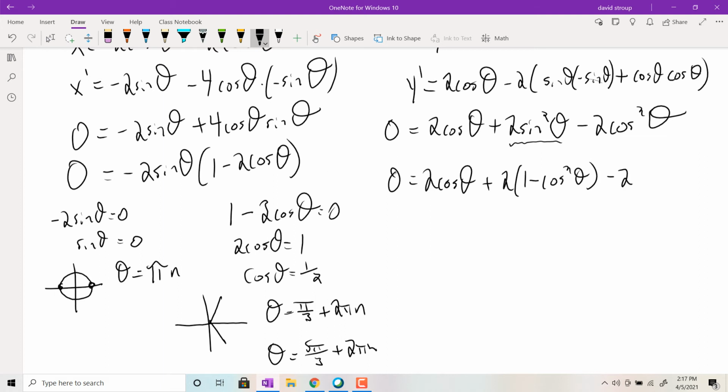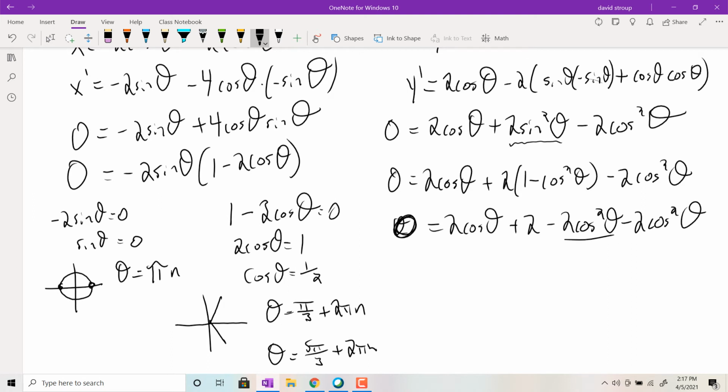Minus 2 cosine squared theta. Distribute that 2. I get 0 is 2 cosine theta plus 2 minus 2 cosine squared theta minus 2 cosine squared theta. I can put those together and move it to the other side. So you'd have 4 cosine squared theta, move this to the other side, minus 2 cosine theta, move that to the other side, minus 2 is 0.